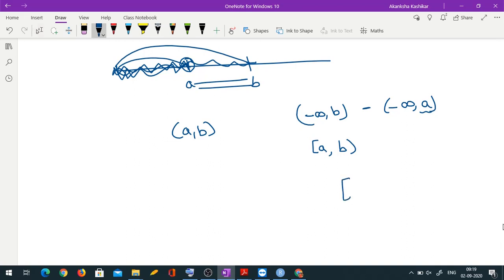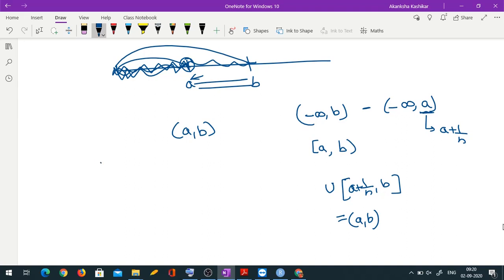If I get maybe closed A plus 1 by n to B, and if I take their union, this would be open AB, because A plus 1 by n will go closer and closer to A. Okay, so instead of subtracting A, let me subtract A plus 1 by n, minus infinity to A plus 1 by n, something like that. Okay, these are all rough calculations. We have not yet written the formal proof. Now let us think in that terms.